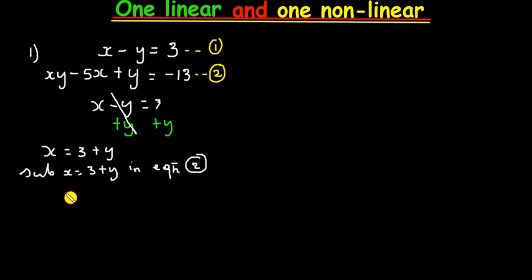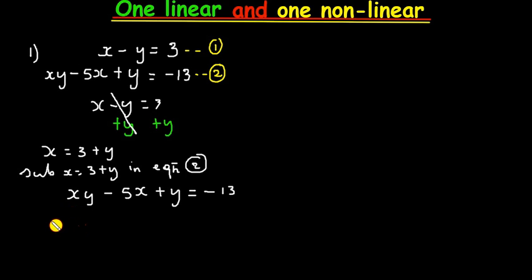We first write our second equation so we can see clearly what we are doing. So our second equation, we have xy minus 5x plus y equal to negative 13. In the space of x, x has a new name. The new name of x is 3 plus y. So wherever you see x, we write just that, 3 plus y. Good.